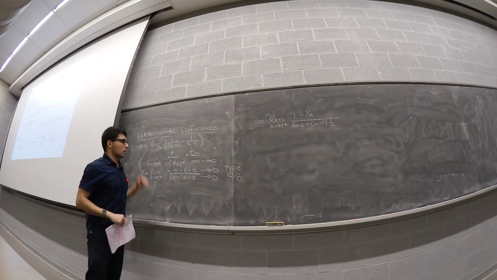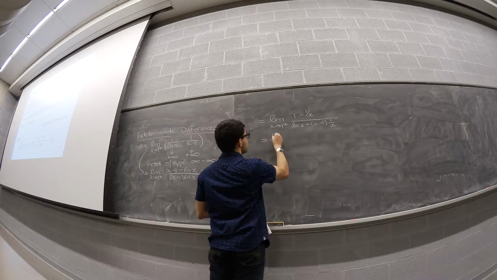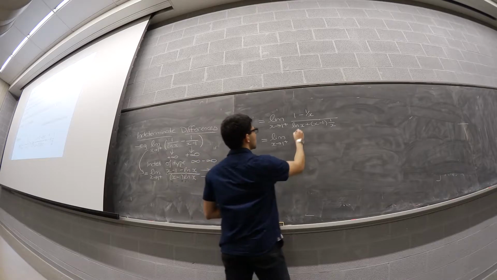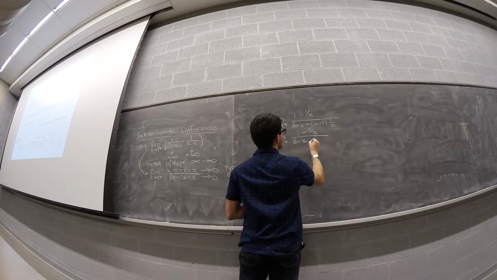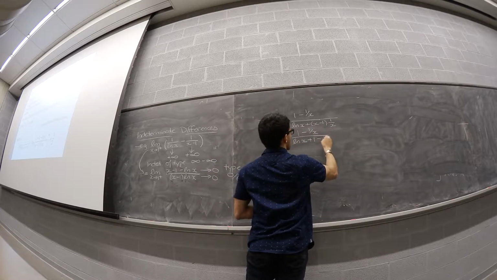Okay? Recognize the type, use L'Hopital. All right. Let's just rewrite this a bit. x over x is 1, minus 1 over x.